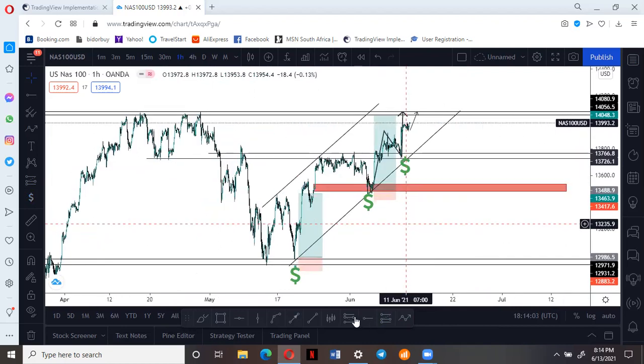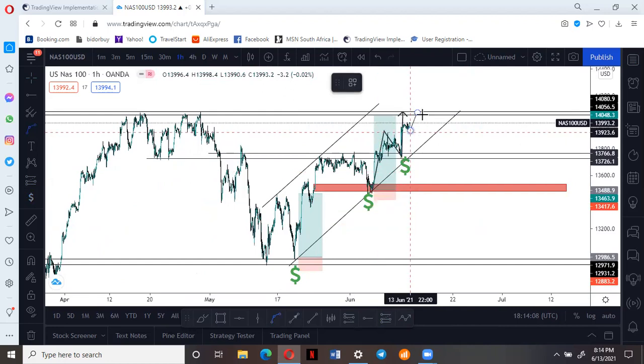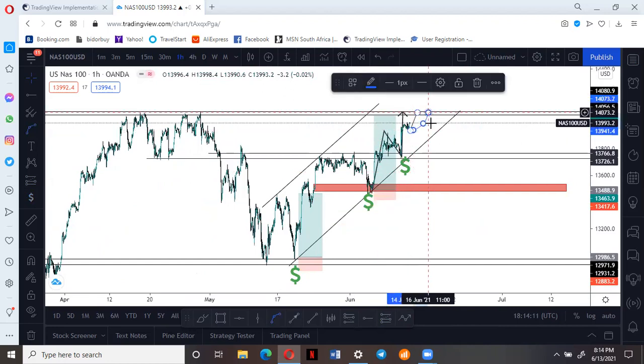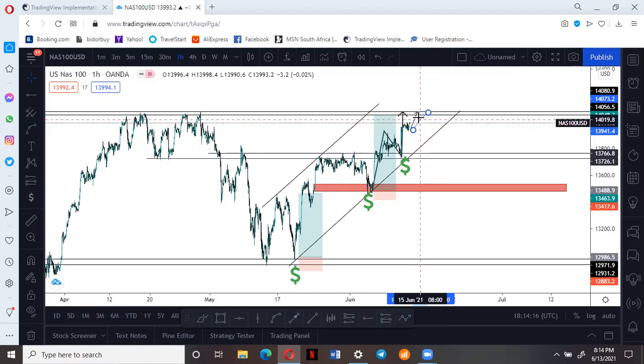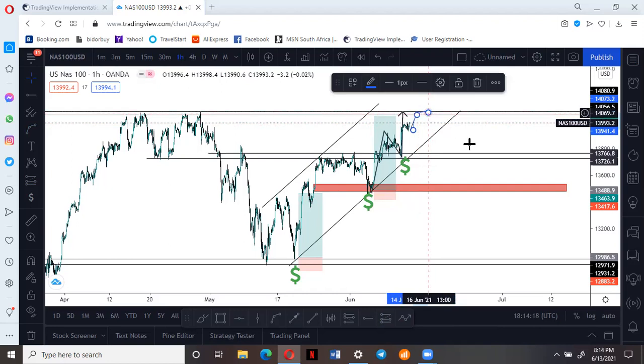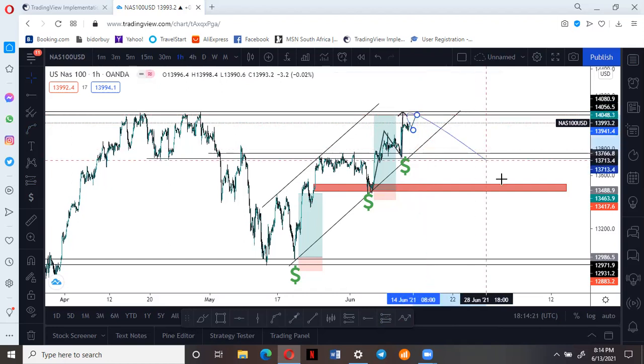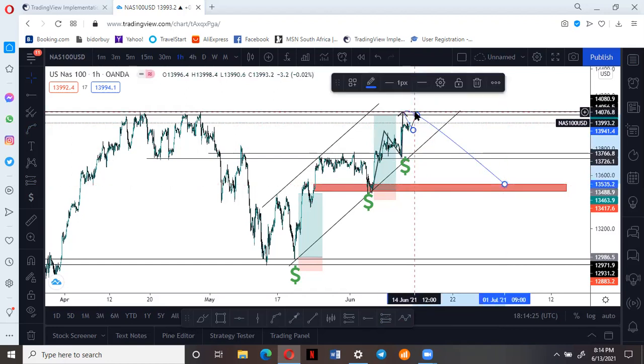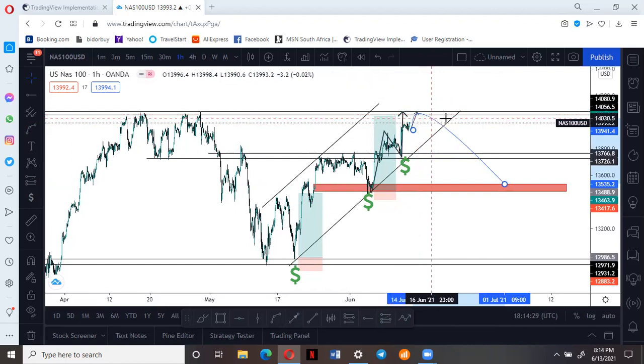For now, we expect price to reach that top there. Looking at the analysis, we expect it to touch this line right here and retrace to this, go down or fall down. Let me adjust that.